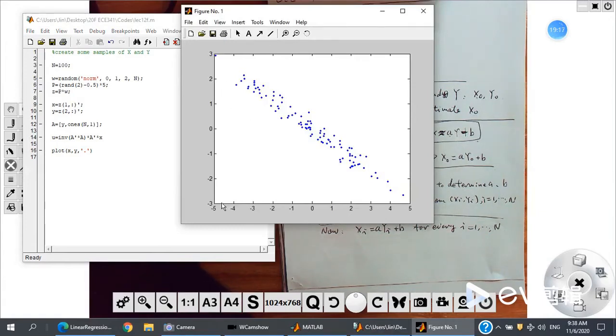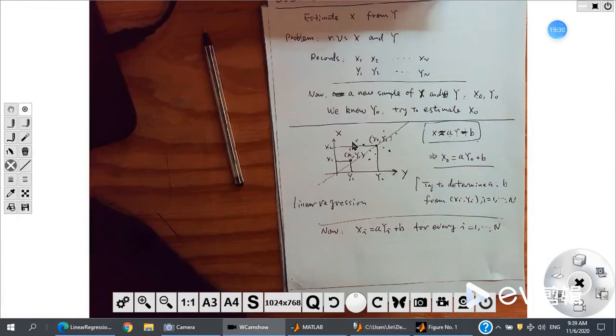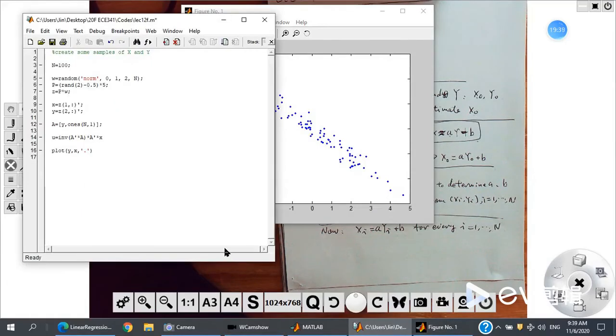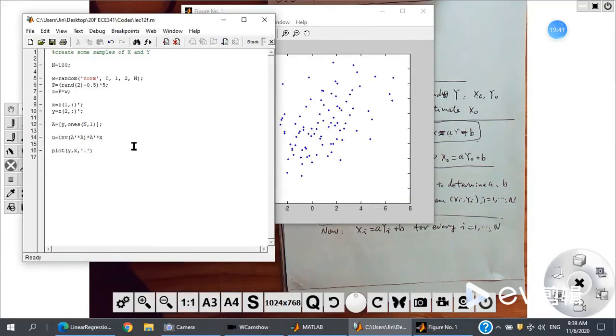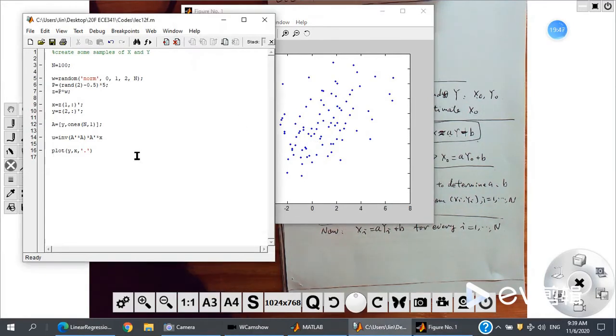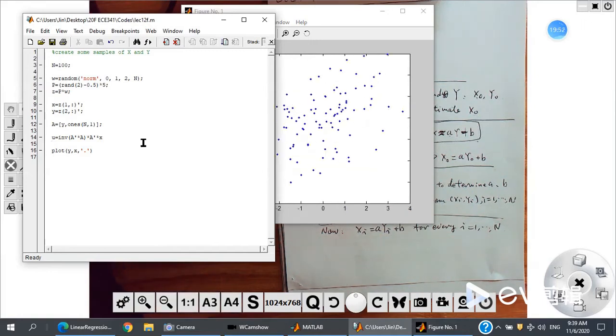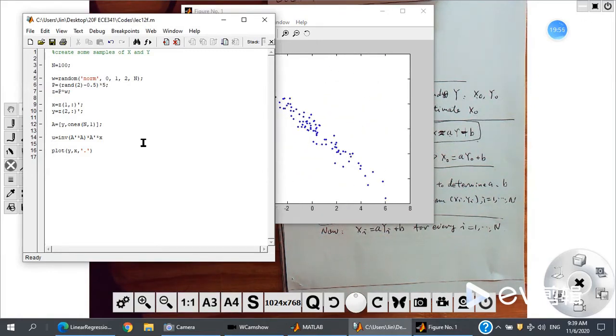These are Y and X. Sorry, this is not Y. It's Y and X. Wrong way. Y and X. Okay. This is Y. This is X. So okay, it's like this. Yeah, this is random. Every time I run it, they will be different. See, different. Every time I run it, it looks different.